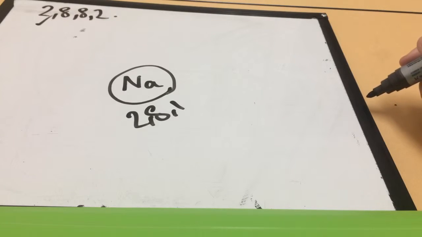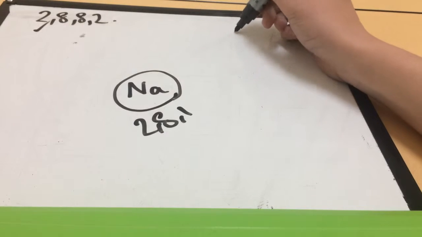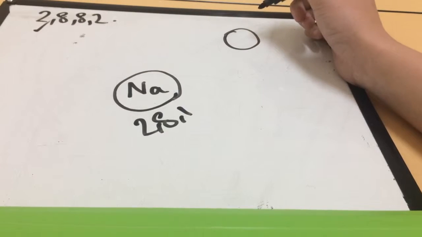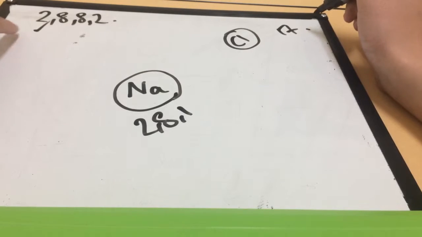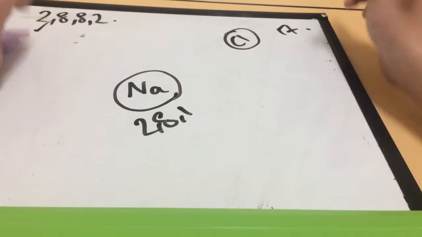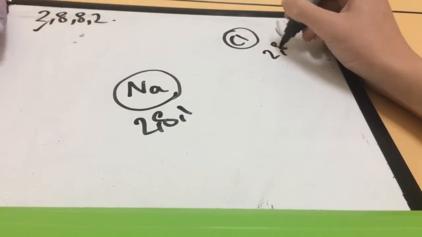Okay, well, I want to go with a hydroxide. H plus OH is water, as I explained. Actually, let's say there's a chlorine. Chlorine is 17, so 2 plus 8 is 10, so this one is going to be 2, 8, 7.